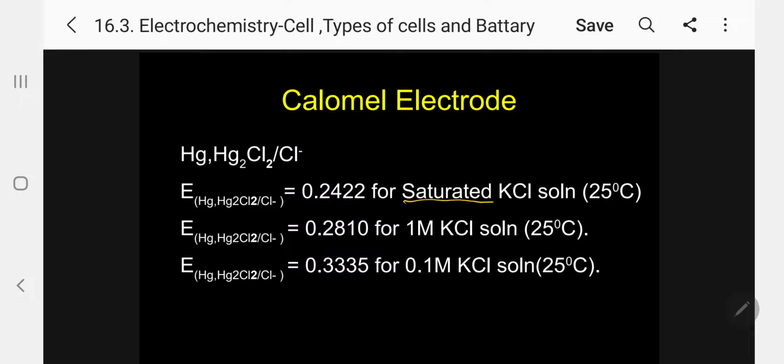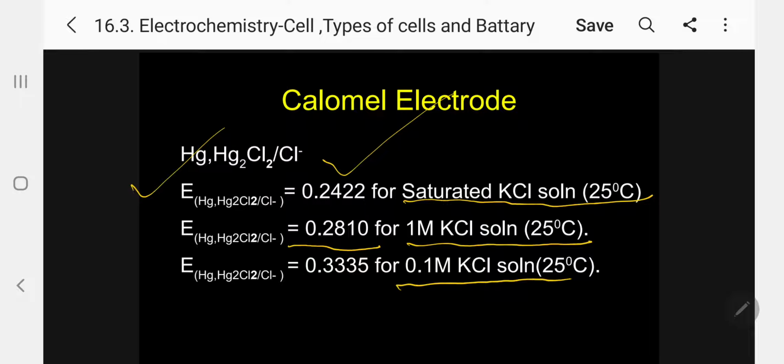For saturated solution at 25 degrees, I have already given 0.2422. For 1 molar potassium chloride solution, the value is higher, 0.2810. For 0.1 molar potassium chloride solution at 25 degrees, still higher. That means when the concentration decreases, the E value increases. For saturated solution, it's very low.